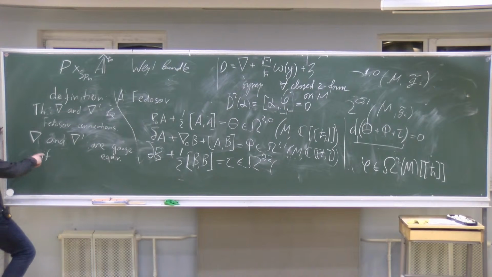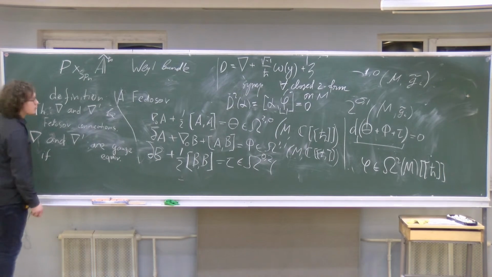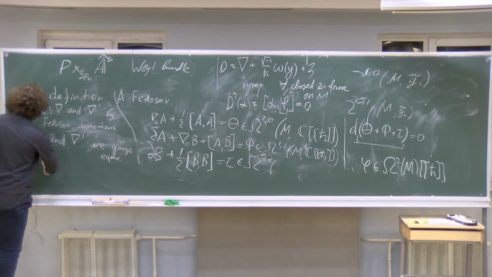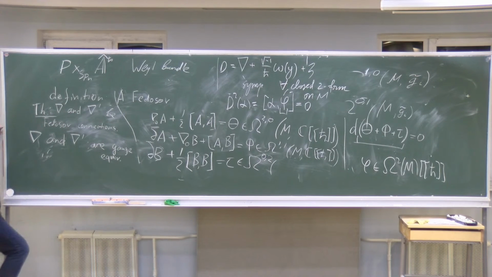Yes. So, as it was also said, in the real case this theorem would be: nabla and nabla prime are gauge equivalent if and only if the curvature classes coincide.